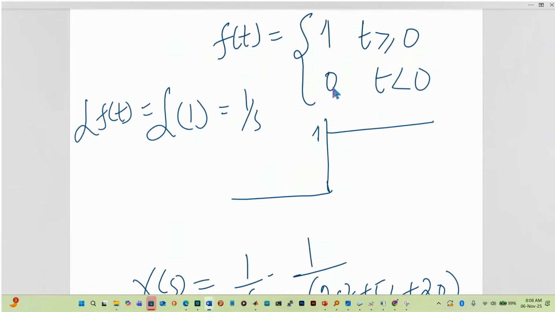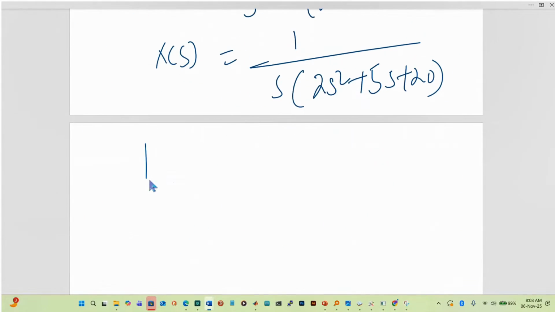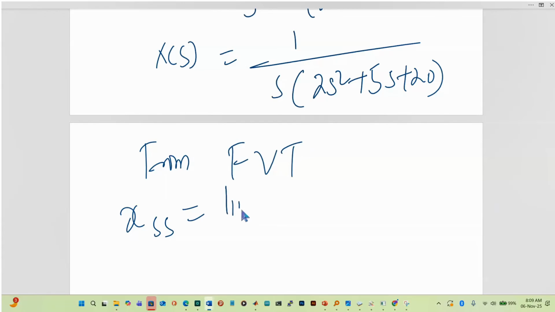This is exactly what we are saying. Using the final value theorem, what will be the steady state value of displacement when we displace it using a unit step input for this transfer function?